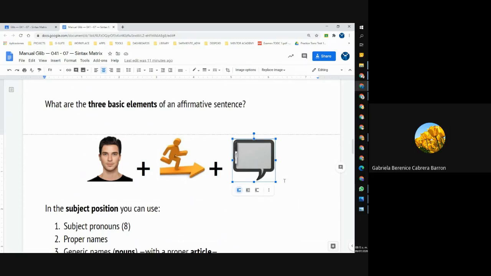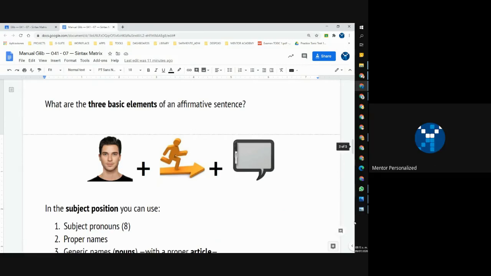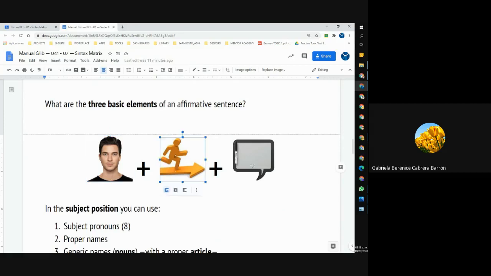Very good. Fun. How do you say diversión in English? Fun. Going shopping is very fun. Repeat. Going shopping is very fun. F-U-N, fun. Very good.